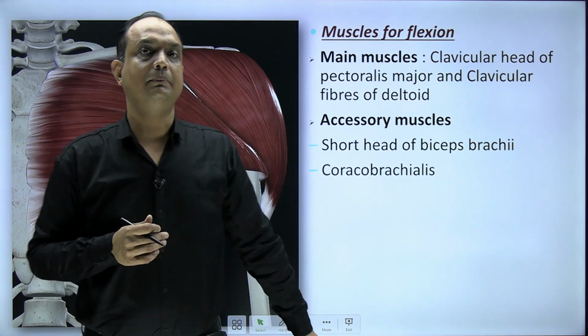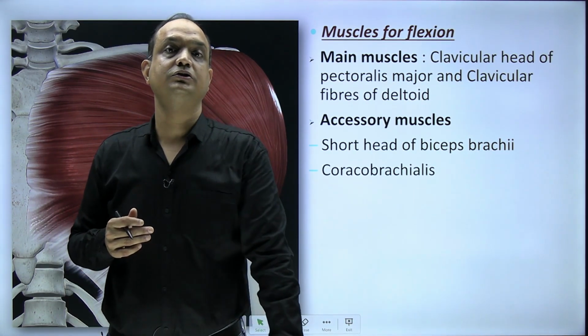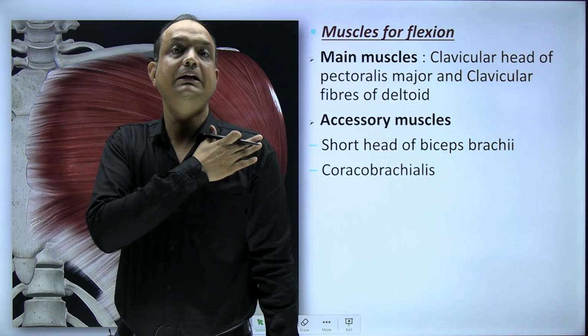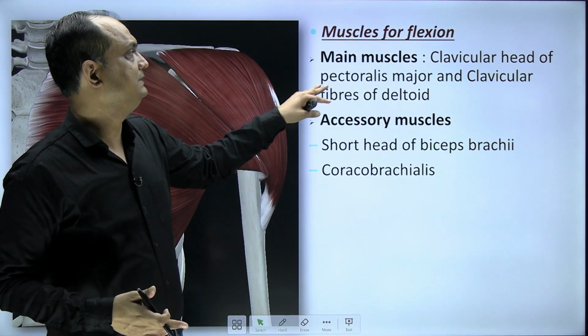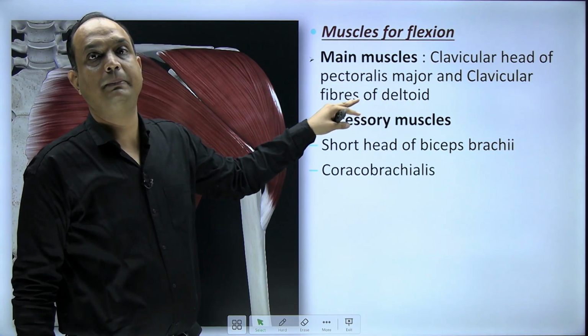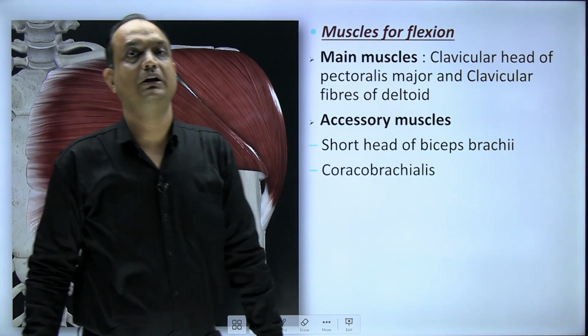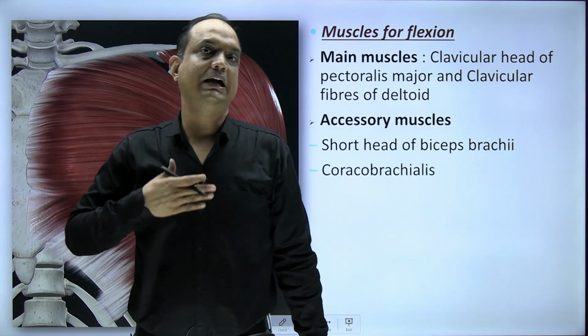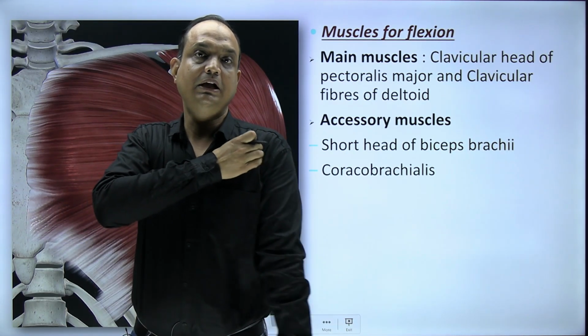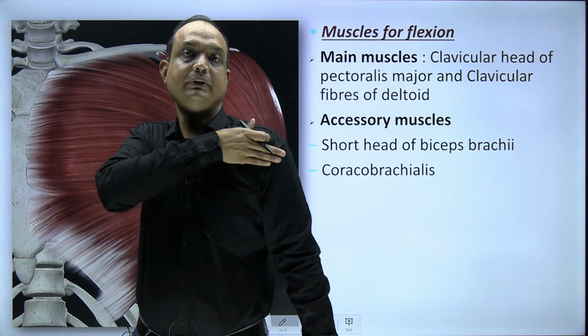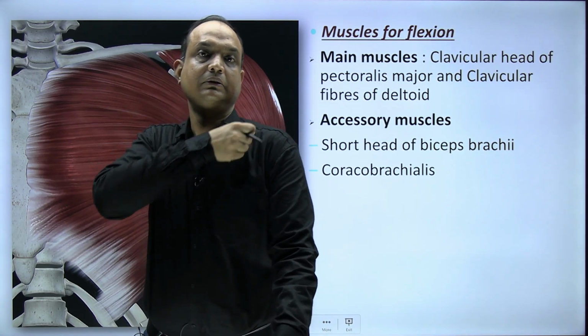So when you are talking about flexion, it is caused by the muscles that are placed on the anterior aspect of the shoulder joint. So one of the muscles is the clavicular head of your pectoralis major and the clavicular fibers of deltoid. You know that these clavicular fibers of pectoralis major, when they contract, will pull the humerus anteriorly along with the clavicular fibers of the deltoid.